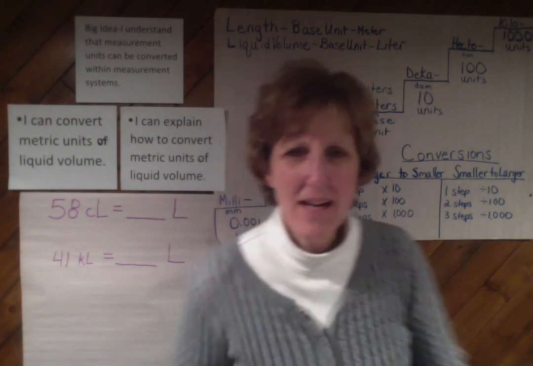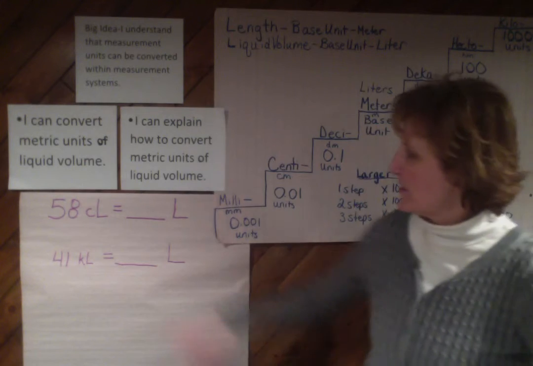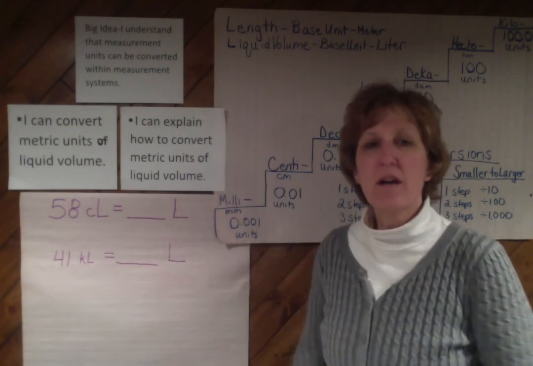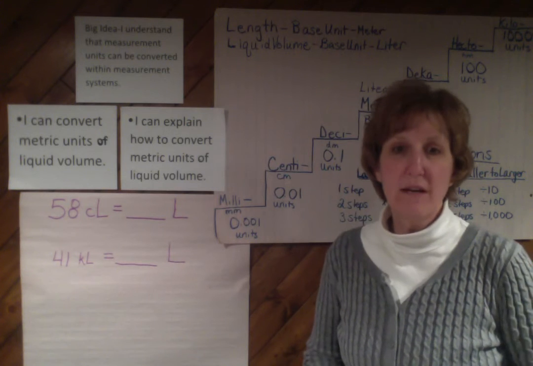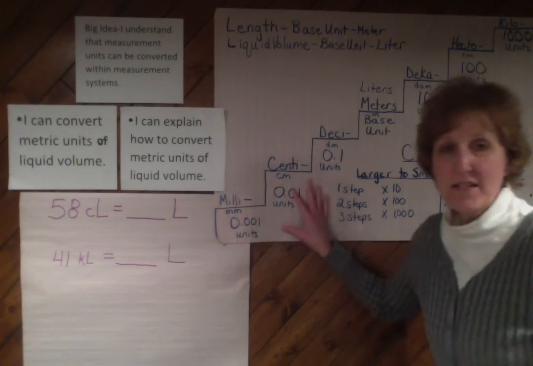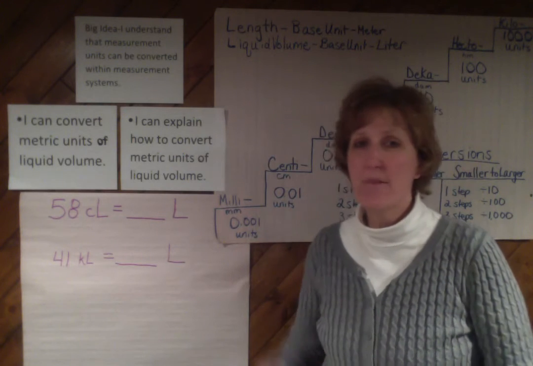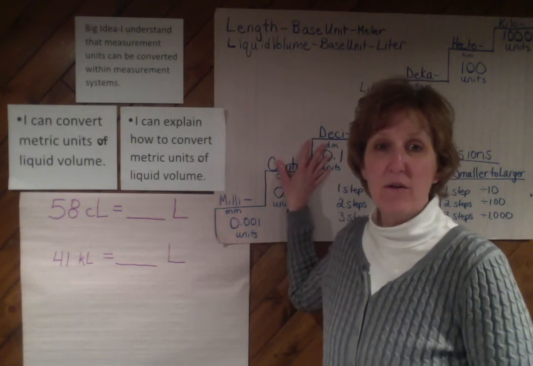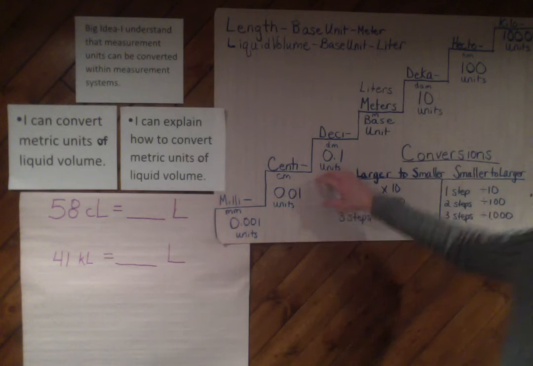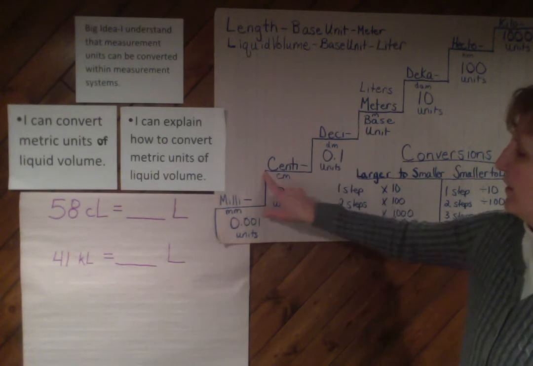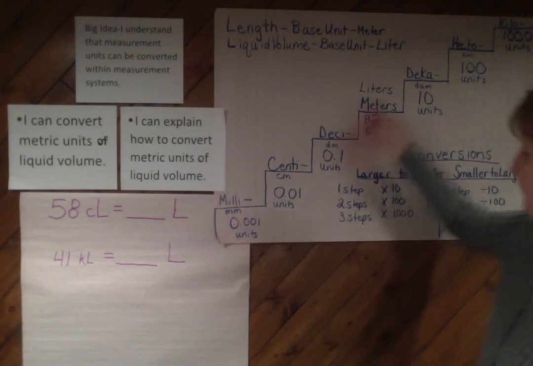We're going to do just a couple of examples for today. We'll start first with 58 centiliters, and we're going to convert that over to liters. Go to our visual here, and just so you know, on today's assignment, this will be there, looking just like this. So we find centiliters right here, and then we have to find liters.